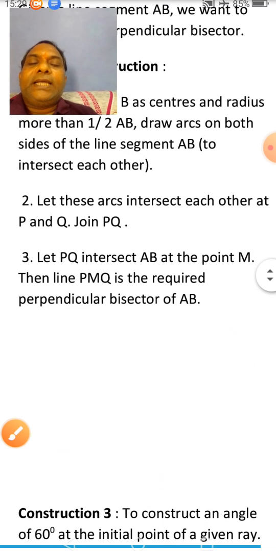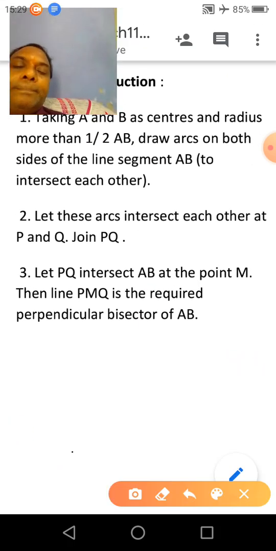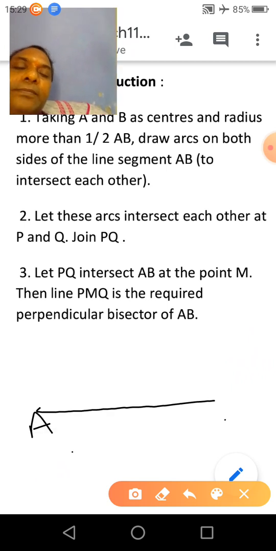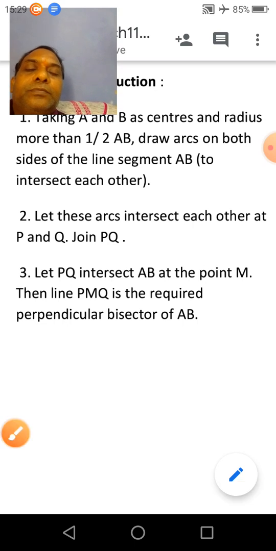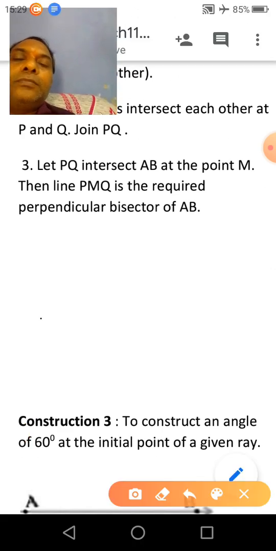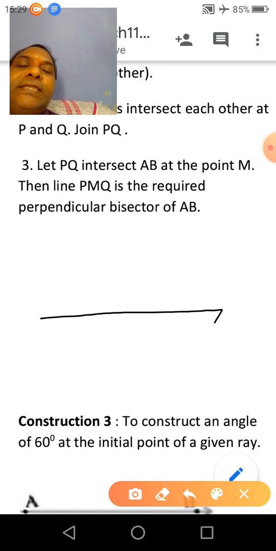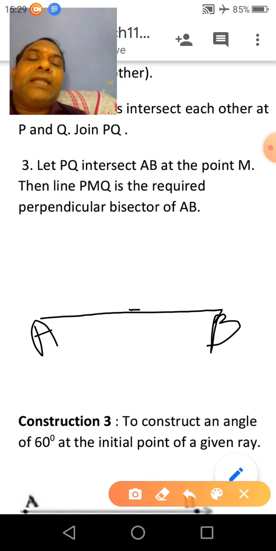See again here separately. Suppose line segment AB is given. Clear? A line segment AB is given, and you have to draw a perpendicular bisector of this line segment.